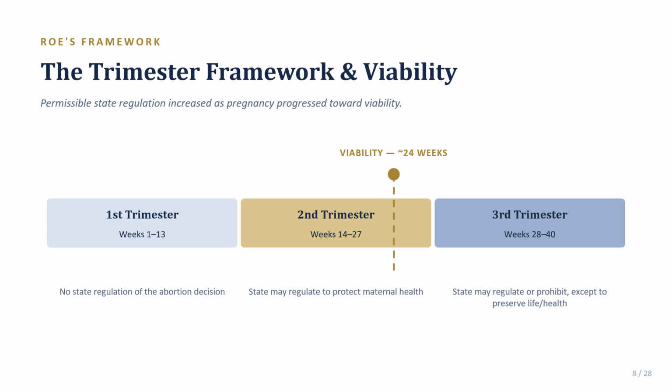So it's the moment the state's interest in potential life is treated as becoming compelling enough to justify the most serious regulatory measures. Now ask yourself, why do you think the court chose viability specifically as the key line rather than, say, conception or a fixed number of weeks that were unrelated to fetal development specifically?